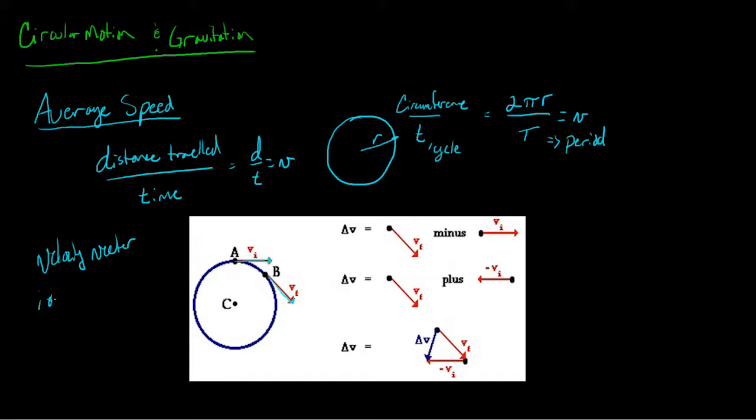As long as we are traveling at a constant speed, our velocity vector is always going to be tangent to the circle at our particular point.